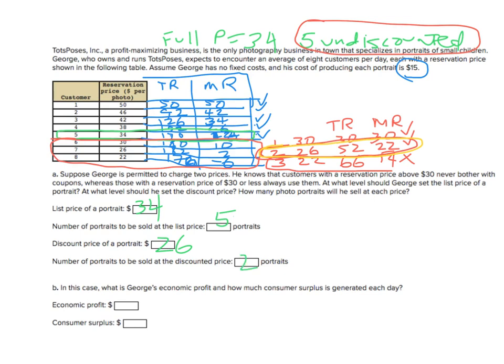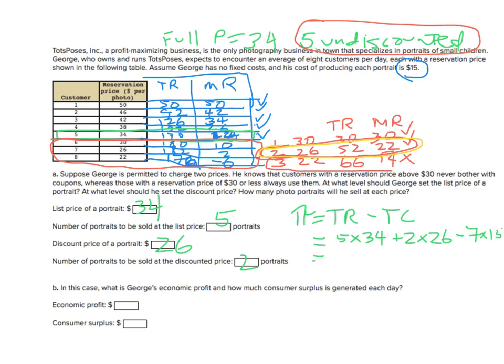His profit is total revenue minus total costs. His total revenue from the full price, he sells 5 at 34, and he sells 2 at 26, and his costs are, he sells 7 total, so his costs are 7 times 15.